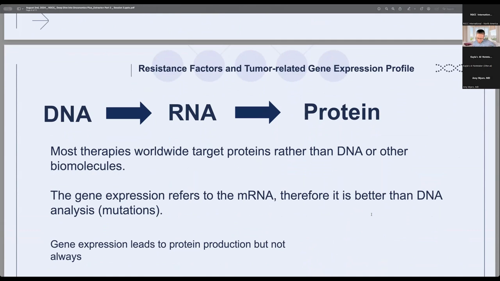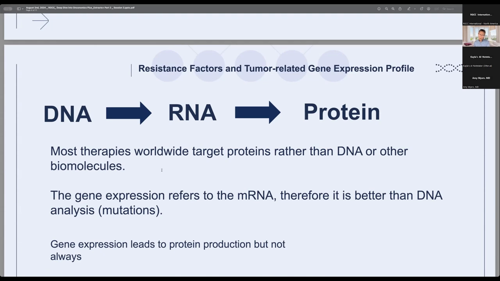Now, this is a review. When you're looking at how protein synthesis occurs, it all starts out from the DNA transcribing into the RNA, and then from the RNA translating into peptides, which are now being synthesized as a protein. And when there is a protein, then there's a target, right?